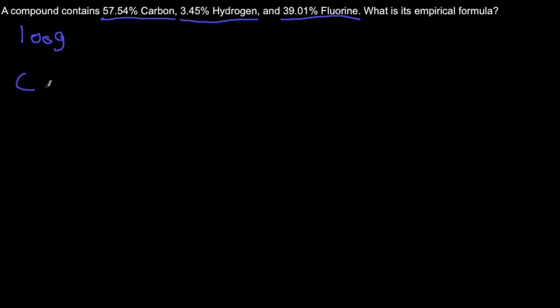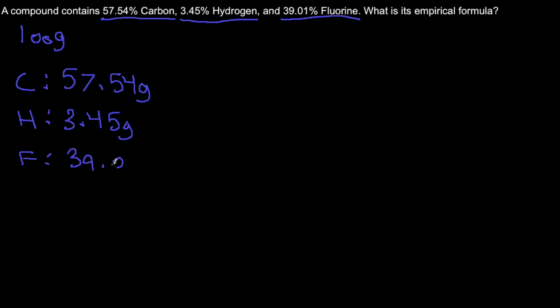So for carbon, we have 57.54 grams. For hydrogen, we have 3.45 grams. And for fluorine, we have 39.01 grams. So of course, we want to calculate the number of moles.